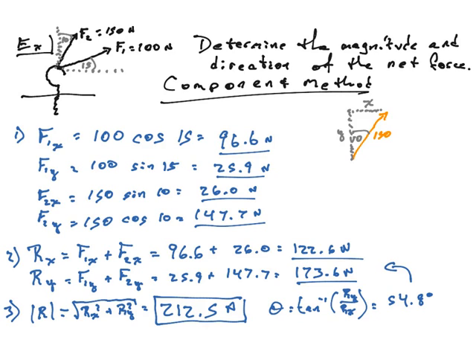The y piece is positive 173, so it also points up. So whatever this vector is, it points up and to the right, somewhere in the first quadrant. Is my angle in the first quadrant? Yeah, it's 55. Because they're both in the same quadrant, I know this is the right answer.